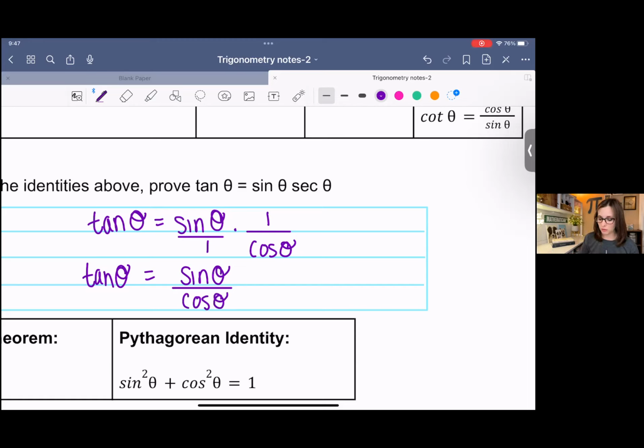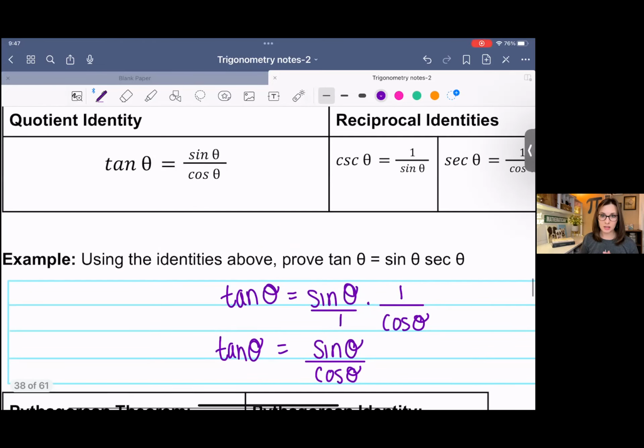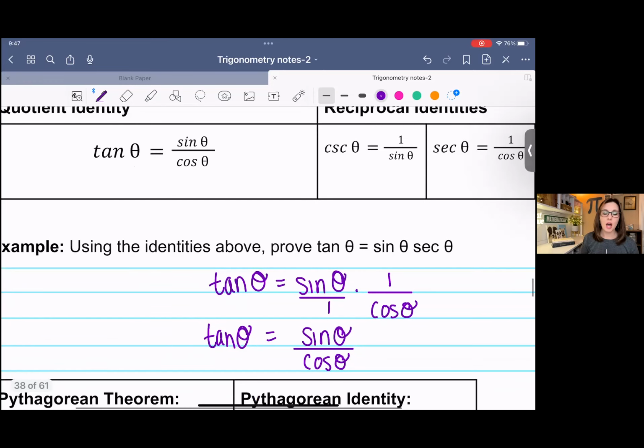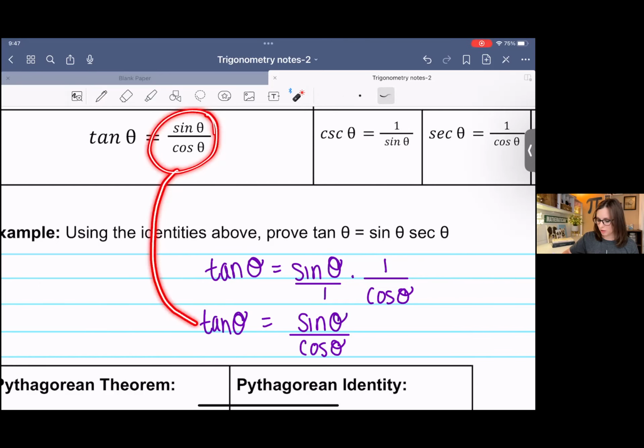That should look familiar. If we scroll up to the quotient identity, tangent theta is sine theta over cosine theta. I'm going to take this one step further just to tidy it up and end up with a statement that is undoubtedly true. I can substitute sine theta over cosine theta for tangent theta.